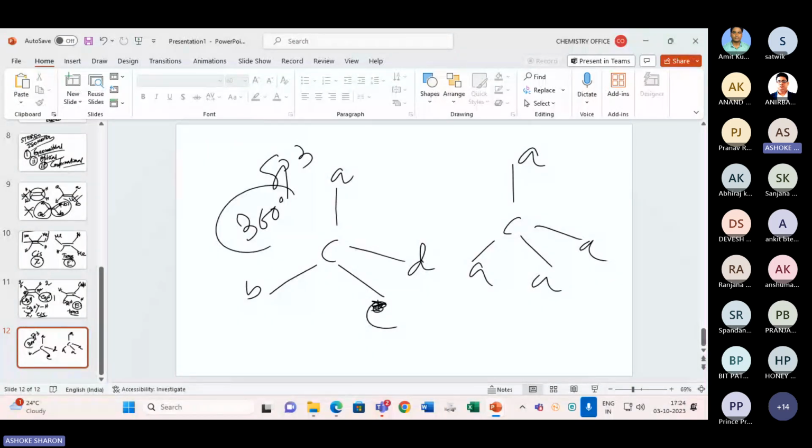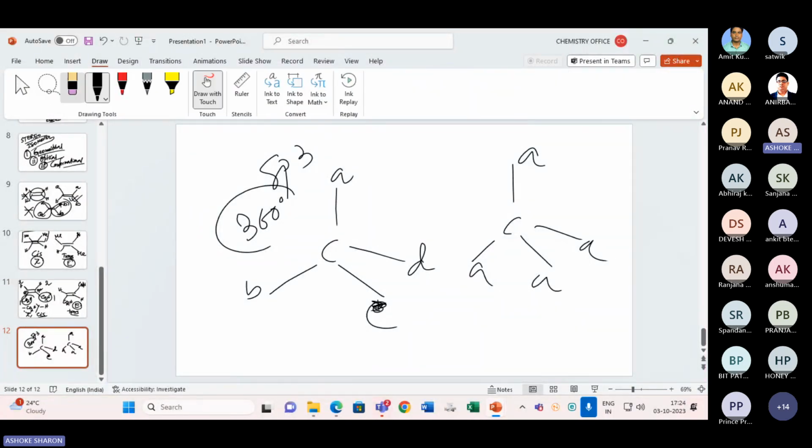Sorry, not 360 degree; better not to write 360, it is not a correct word to use this way. So what you observe here is that to explain the stereochemistry of such molecules, you need a lot of other factors.